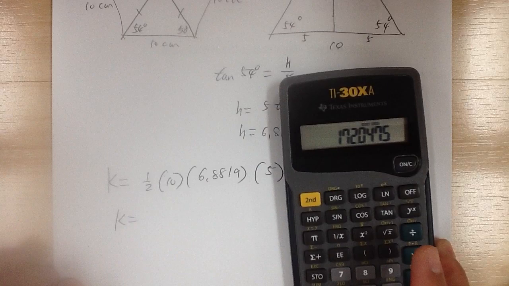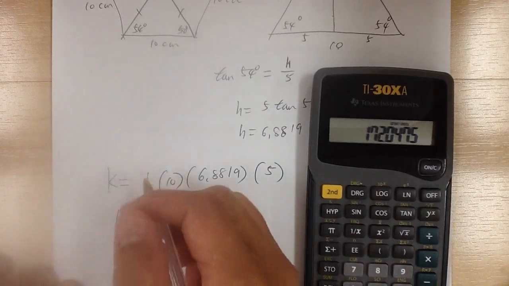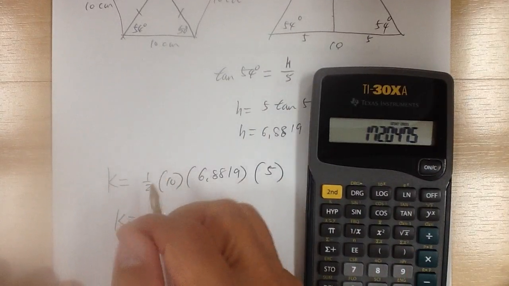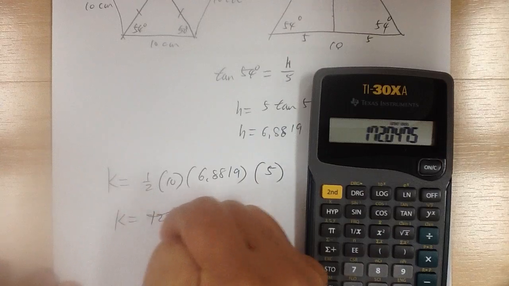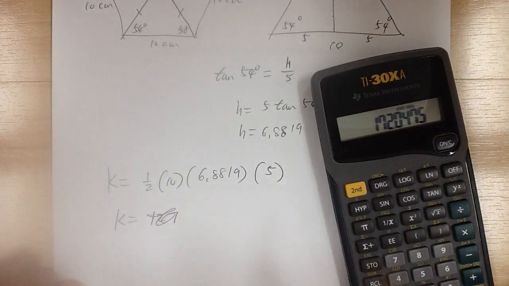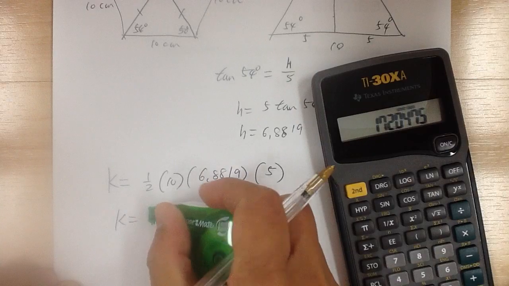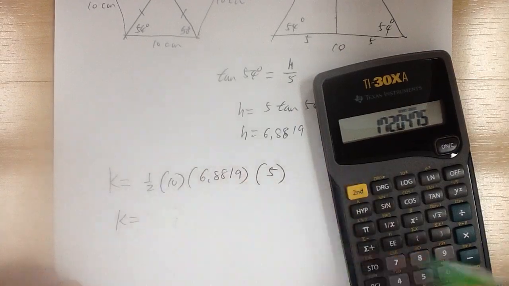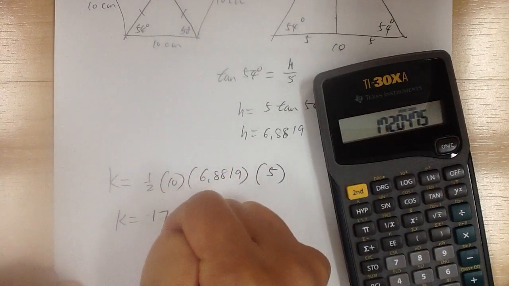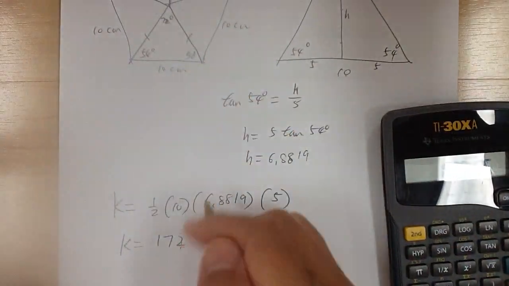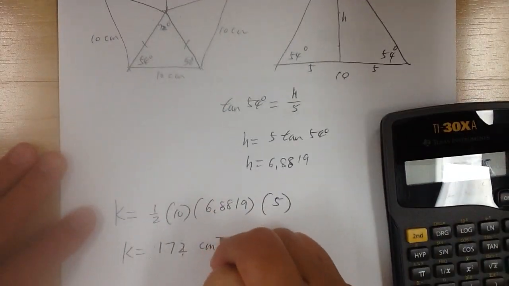And so if I get three significant digits, the answer would be 172. Okay, it would be 172, and the label would be centimeters squared.